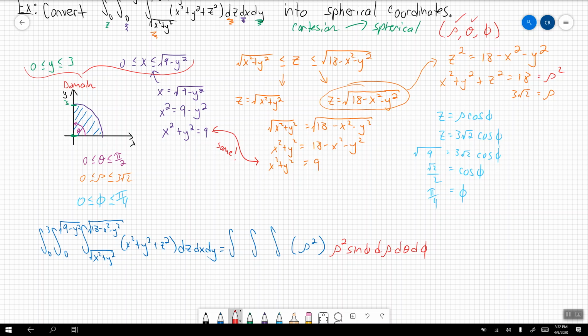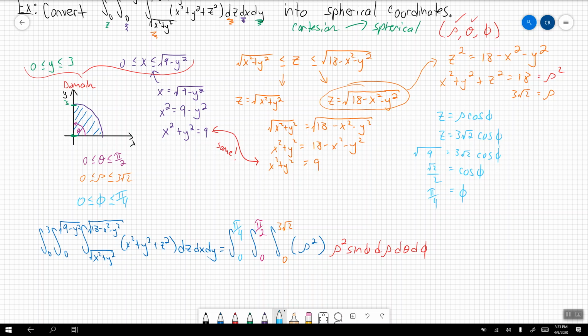Rho, as we found out, went from 0 to 3 root 2. Theta, we found out, goes from 0 to pi halves. And lastly, phi. Phi went from 0 to pi fourths.